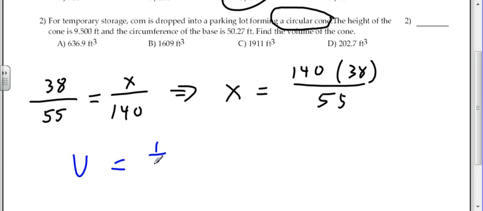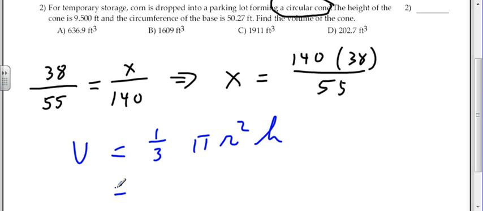And if you want a formula, you can ask for it too, but I'll probably tell you, look in the back of the book. All right, so that's the formula we're using. So I've got 1/3 pi. The height of the, you gotta be kidding me. Radius, the base, the circumference is that.